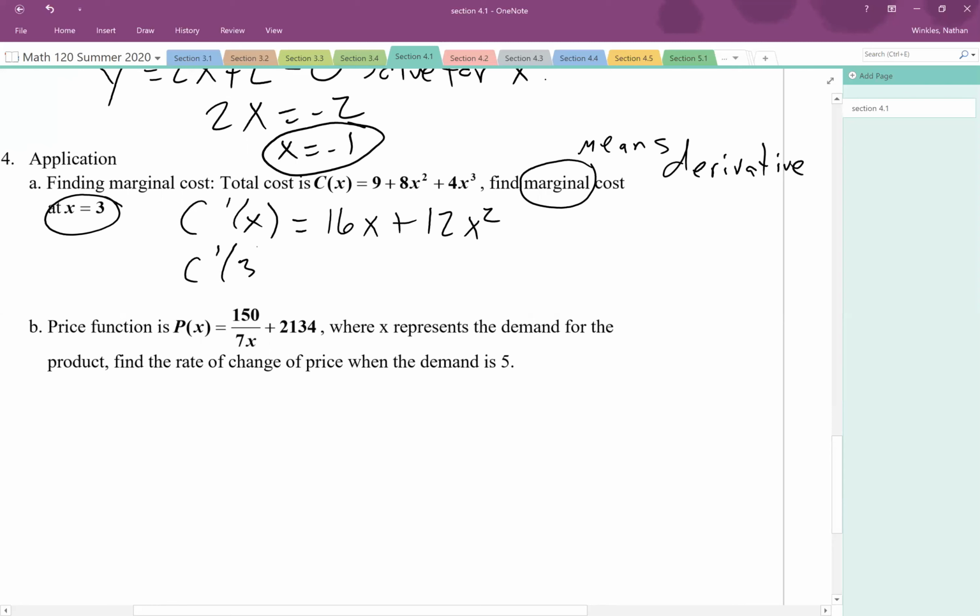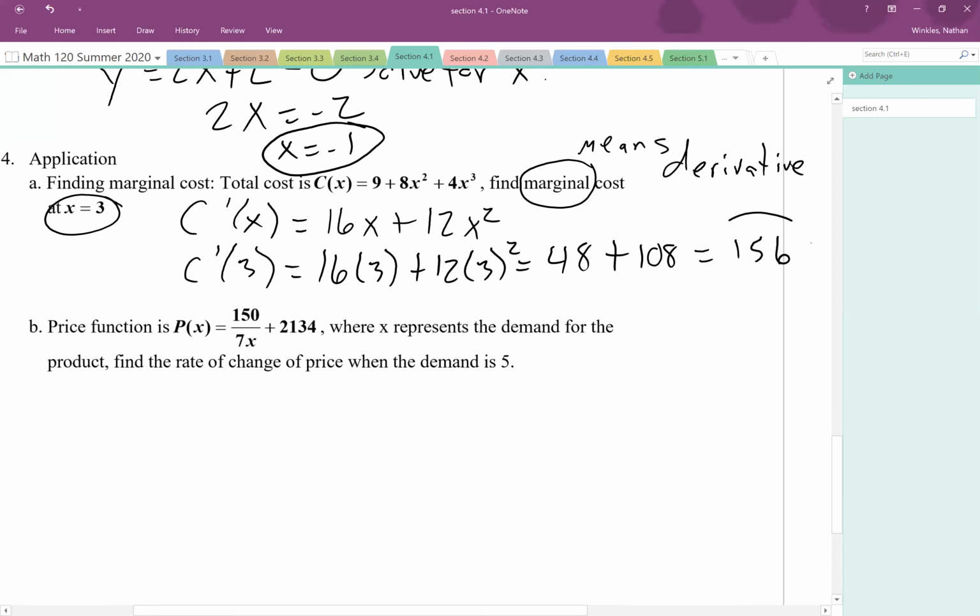So C prime of 3 is 16 times 3 plus 12 times 3 squared. So we get 48 plus, 3 squared is 9, 9 times 12 is 108. So we get 156 as our value. So that is the marginal cost, or the change in cost, at x equals 3.